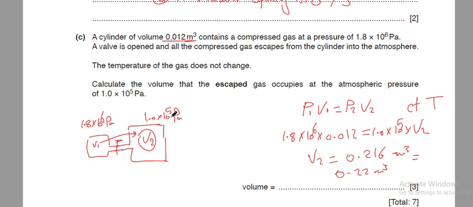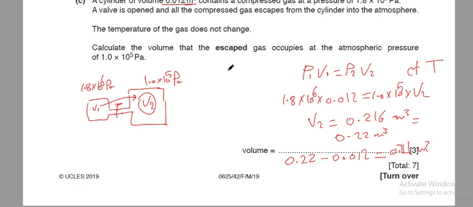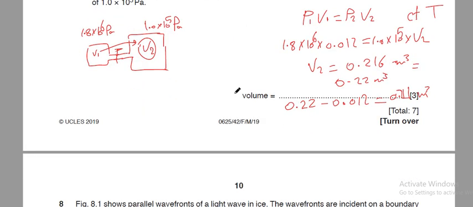So the escaped gas would be the difference between the case if all of the gas escapes minus the little amount that occupies the same volume. So it will equal to 1 meter cube.